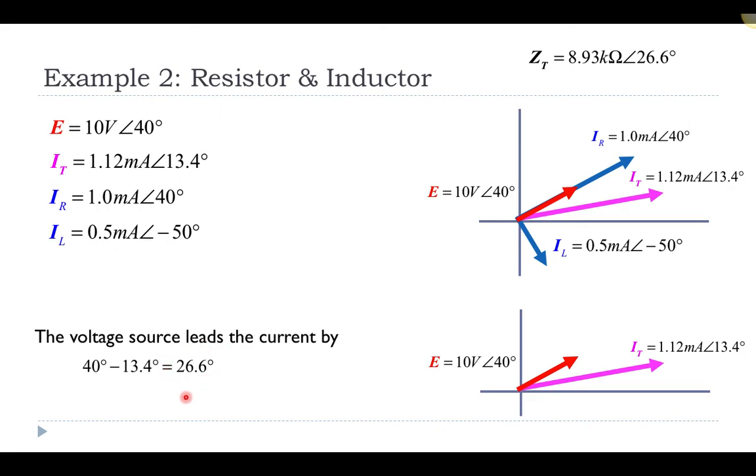I'm going to reiterate that the fact that the voltage across these components leads the current coming out of the source by 26.6 is apparent because the total impedance in the circuit has an angle of 26.6. That angle for the total impedance tells us that the voltage of the supply leads the current that comes out of that supply by 26.6.